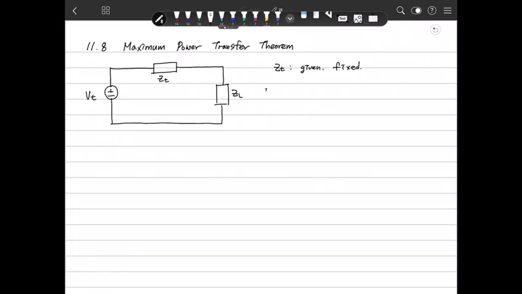So we want to receive the maximum power from the voltage source. Then what should we do? What could we do?